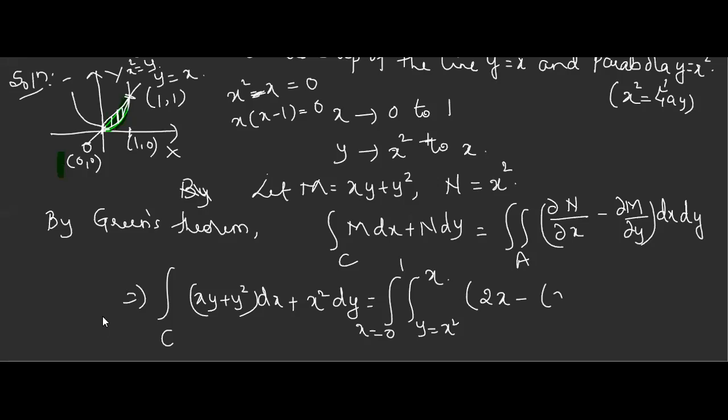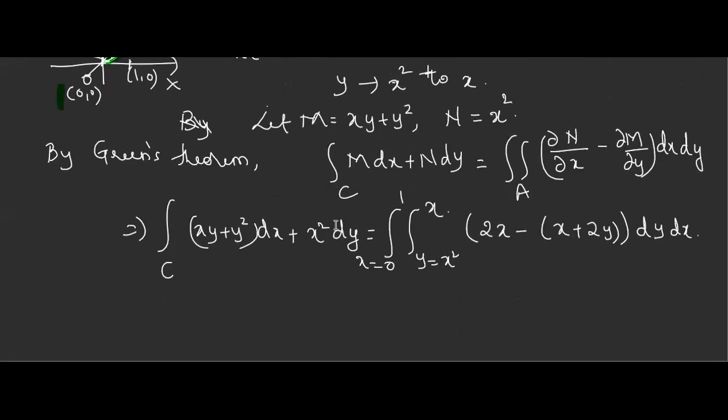So minus of (x plus 2y). Correct. Then what do I have to write, dx dy or dy dx? dy dx. Very good. Don't change them, otherwise the theory will be wrong.